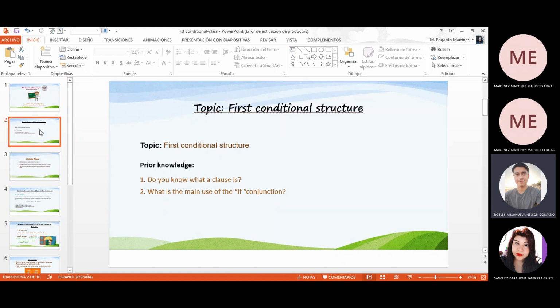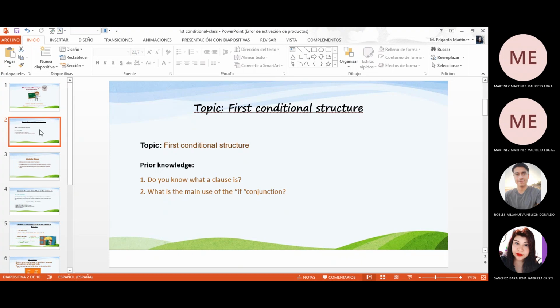I think it's a sentence that contains at least a verb and a predicate. That's exactly it. A clause is a group of words that forms a sentence that contains one noun, the verb, and the predicate. And also, one sentence can have two clauses.